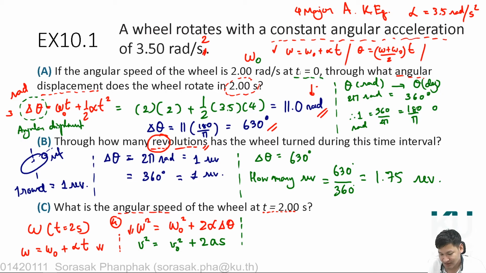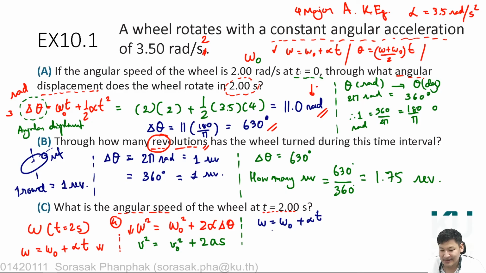If you use the other equation, you have to substitute everything, square it up and take the square root, so there is a lot more calculation. So I pick the first equation, omega equal to omega 0 plus alpha t.